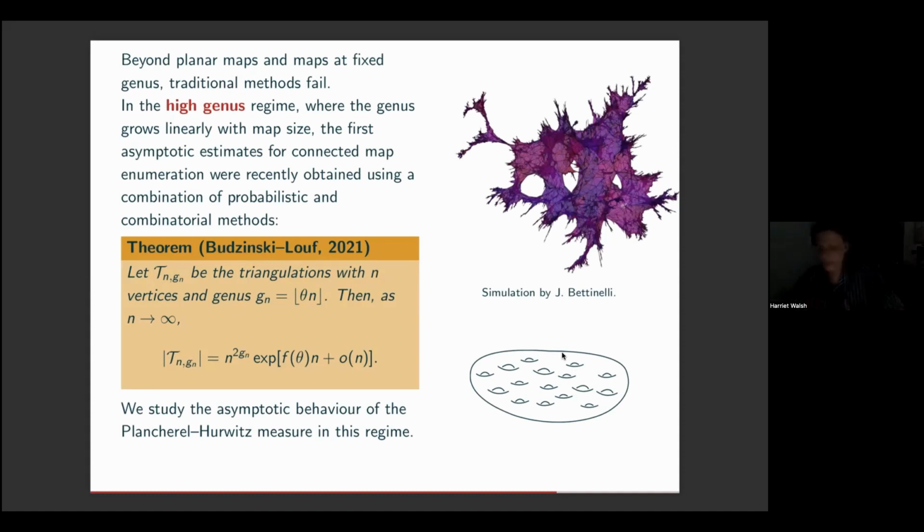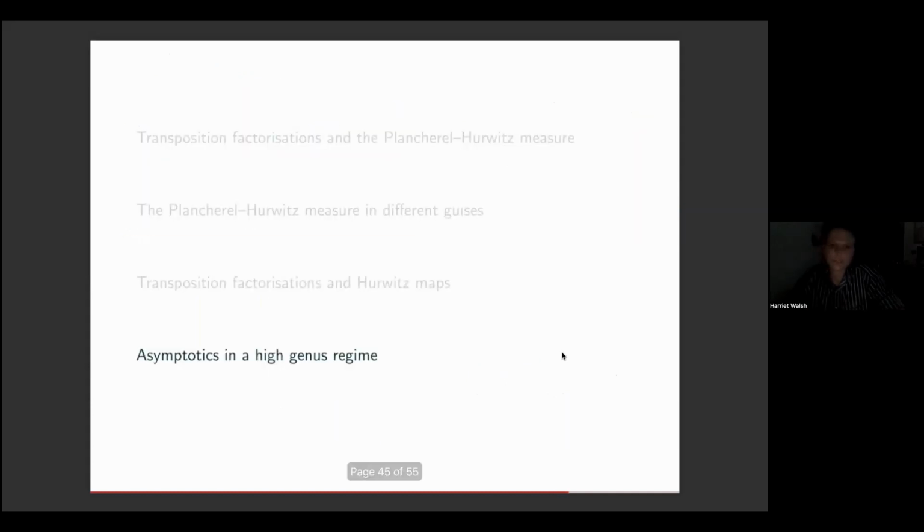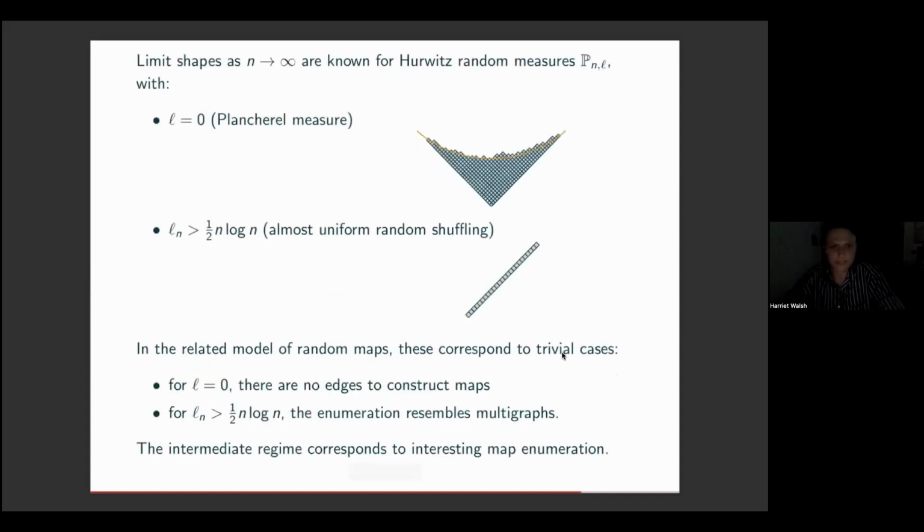So this was the regime that we were interested in, and for that reason we looked at L growing linearly with n, which through the Euler characteristic relation means that the genus is also growing linearly with n. So we're somewhere between the two regimes, given on the one hand by the Plancherel measure, on the other hand by the almost random shuffling case of the Diaconis and Shahshahani measure.